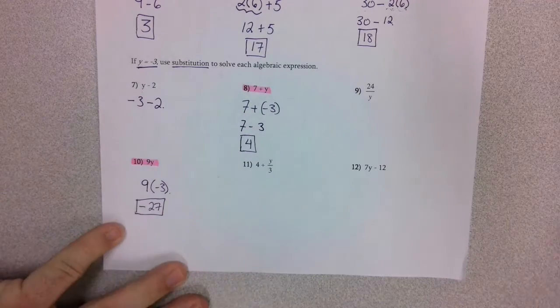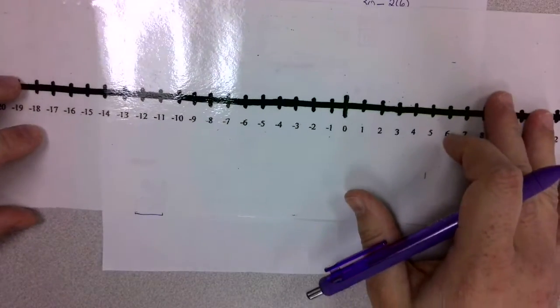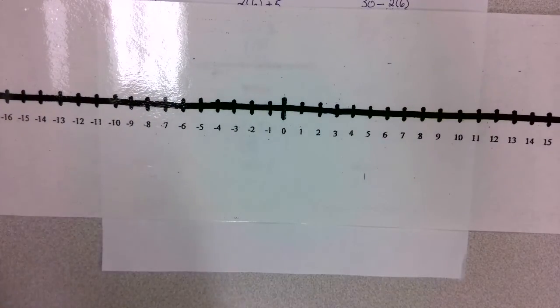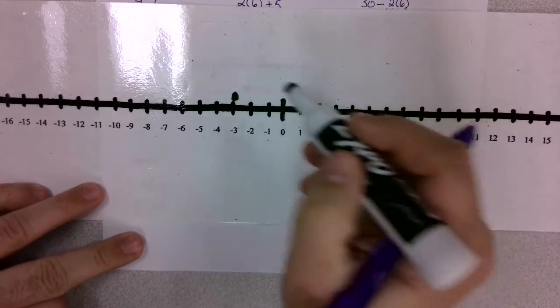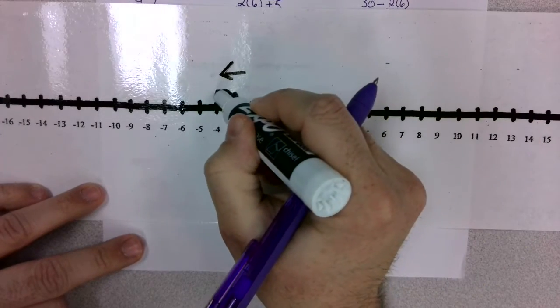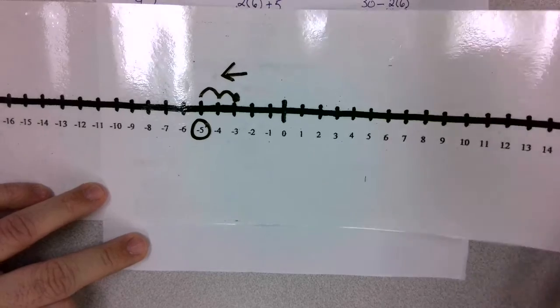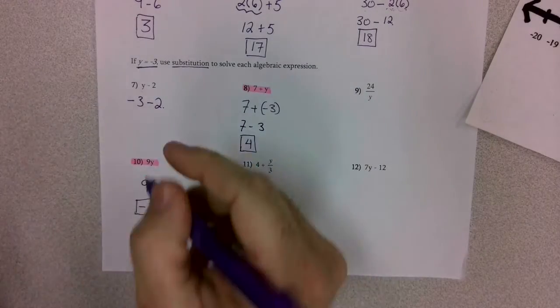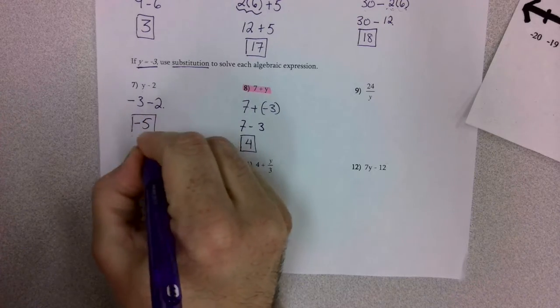If we think about this in terms of a number line, if I have minus 3, and I'm going to subtract 2, subtraction, we're going this way. So I would go 1, 2, so I would get minus 5 for that. So minus 3 minus 2 gives me minus 5.